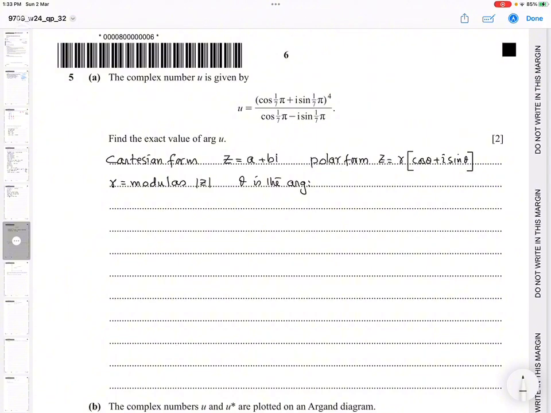In our question, the denominator has a negative sign, so we will change it into positive. And how will we change it into positive?